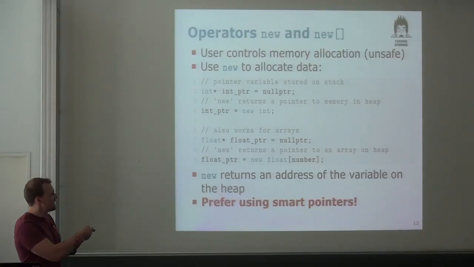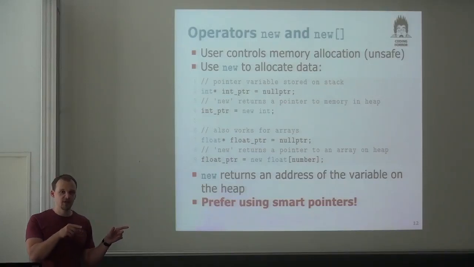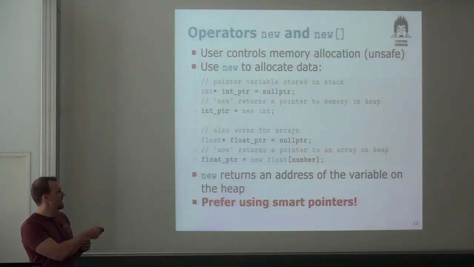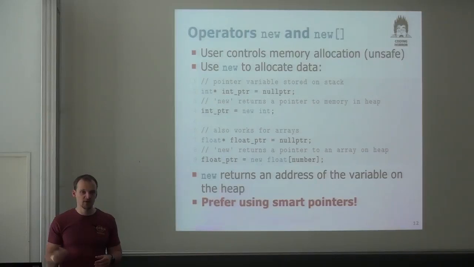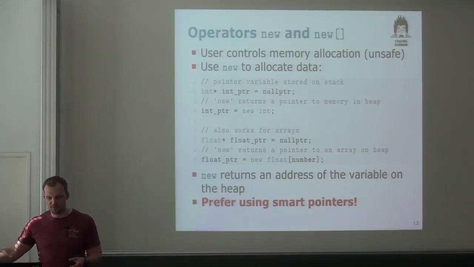And then you want this pointer on a stack to hold an address from a heap. The way you do it is you use new over here. So you say new int, which allocates a single integer on a heap and returns a pointer to it. So new returns a pointer to somewhere in your memory on a heap.